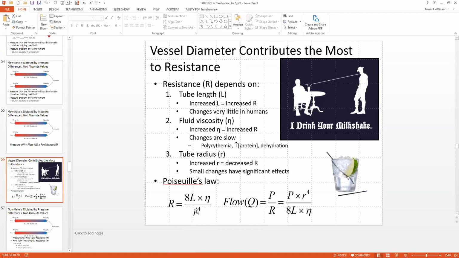What makes this so important physiologically are two other things, okay? If we look at the blood vessels, can you change the length of a blood vessel? No. Not really, right? You know what?